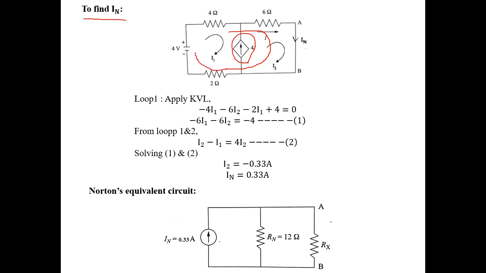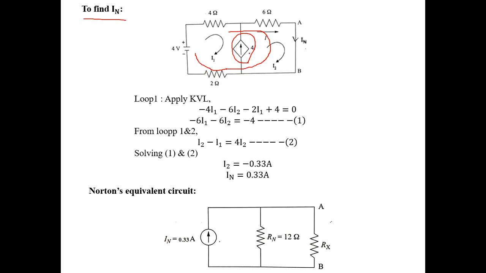Next this arrow meets this minus. We can write +4 equal to 0. So -4 I1 -6 I2 -2 I1 plus 4 equal to 0. Then simplify this equation. We got the first equation as -6 I1 -6 I2 equal to -4.